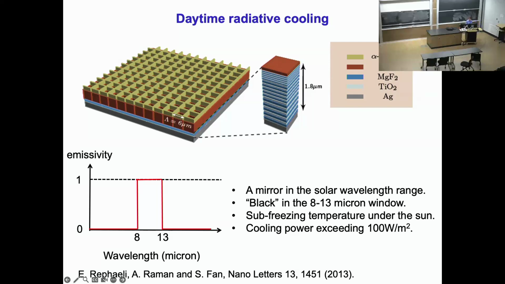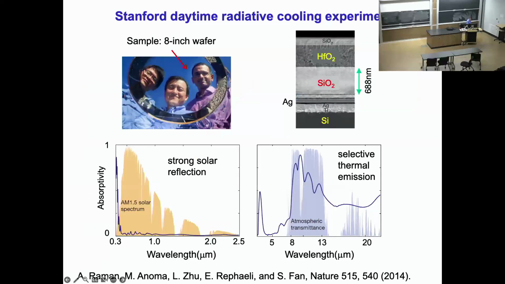So this sounded like a very strange theoretical prediction when we published it, but we actually take our theory quite seriously, and we looked quite hard into experimental demonstration of this prediction. So here was our first experimental demonstration. What we did is we fabricated a multi-layer structure on top of a silicon wafer.